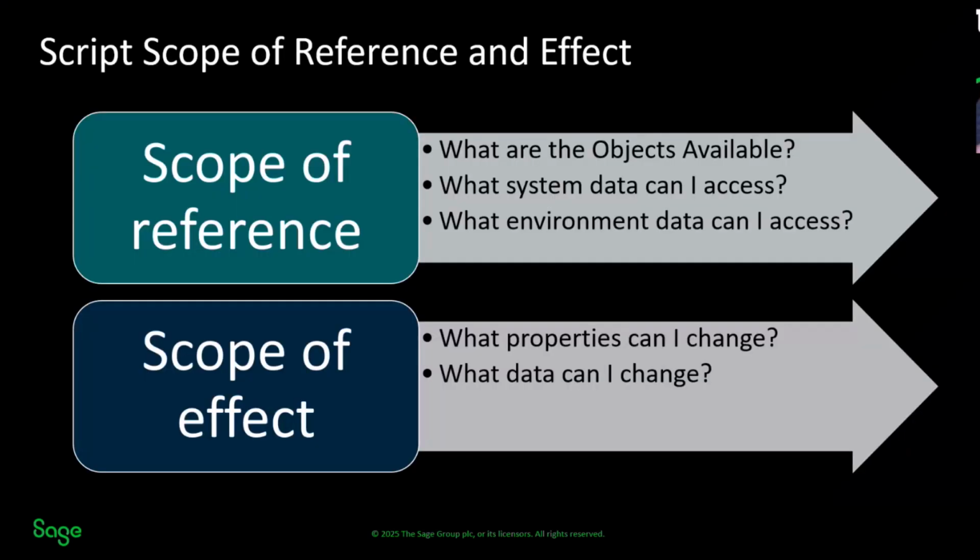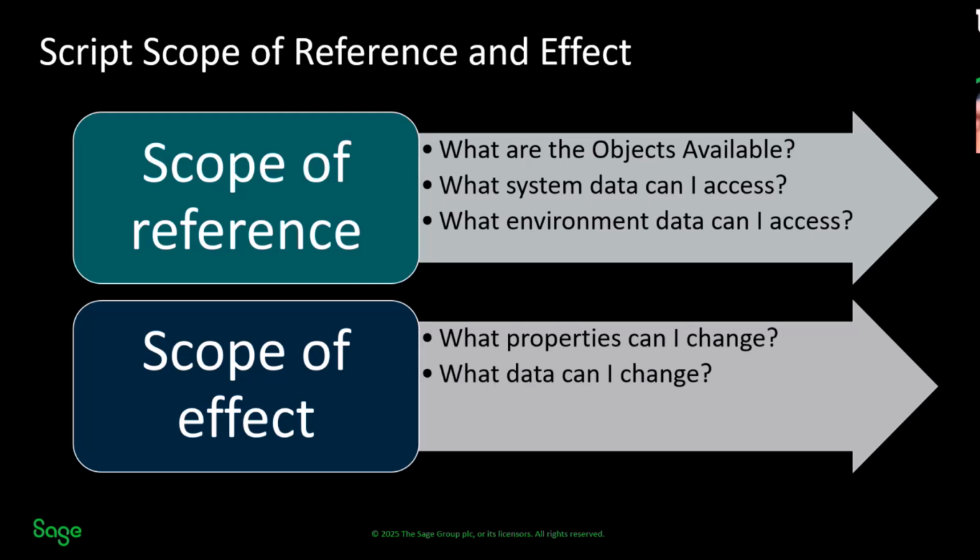Now, there are limitations to each of the scripting environments. And there is this idea of something called the scope of reference and the scope of effect. So what can you access to be able to work out, should I be executing, should I be firing? That's the scope of reference.